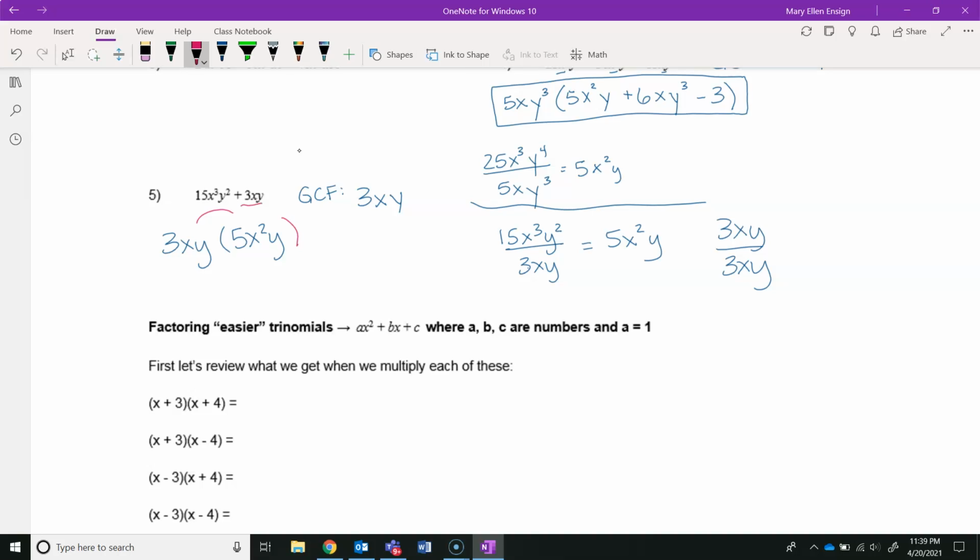I would never get this second term. So that can't be quite what we do. Instead, every single term in my original polynomial gets a spot in my answer. So 3xy divided by 3xy, anything divided by itself is just 1. So I have plus 1. Now if I were to check it, multiply these two, I get my 5x cubed y squared. I multiply these two, I get plus that 3xy.